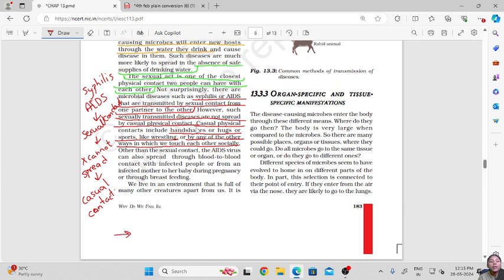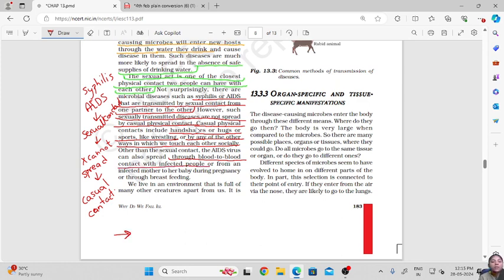Then another way by which these sexually transmitted diseases can be spread is through blood to blood contact with the infected person.